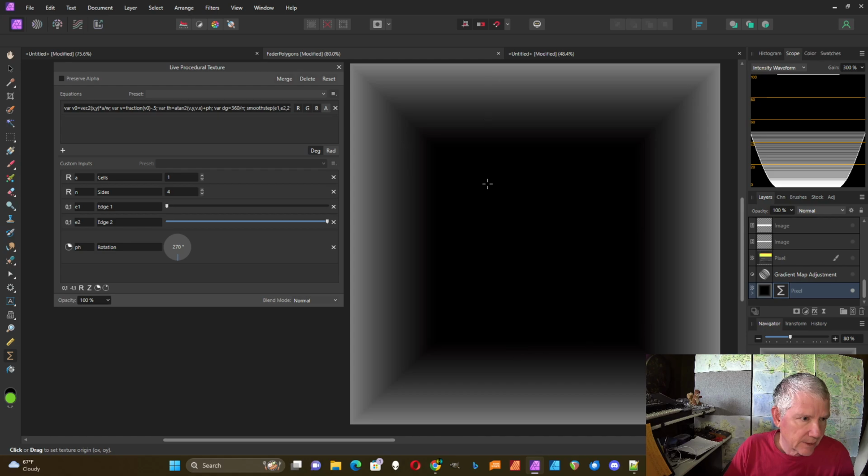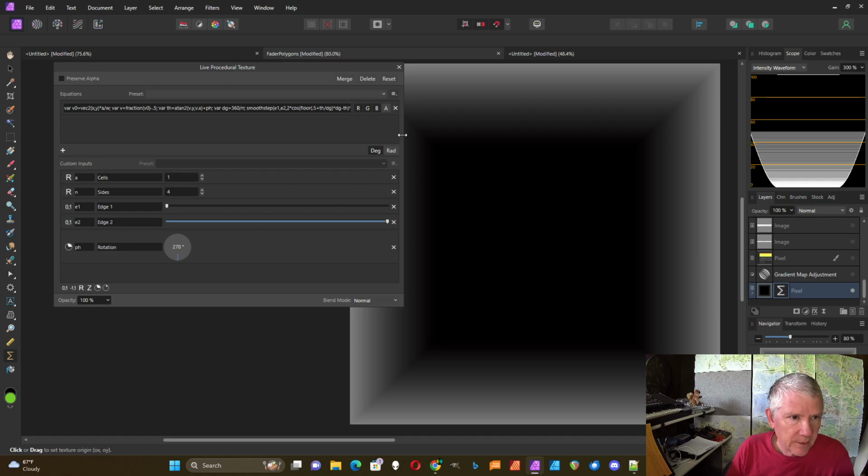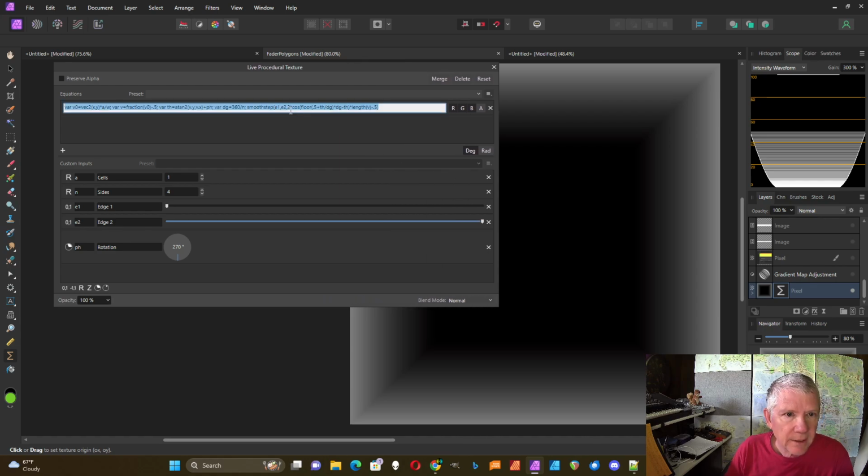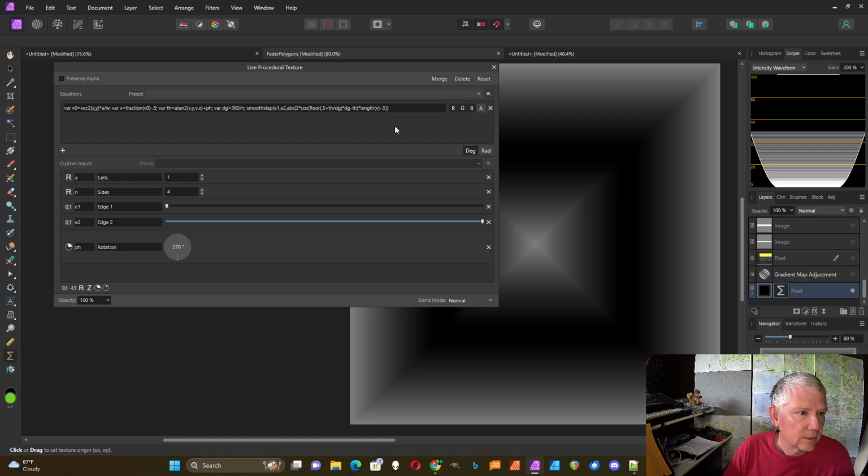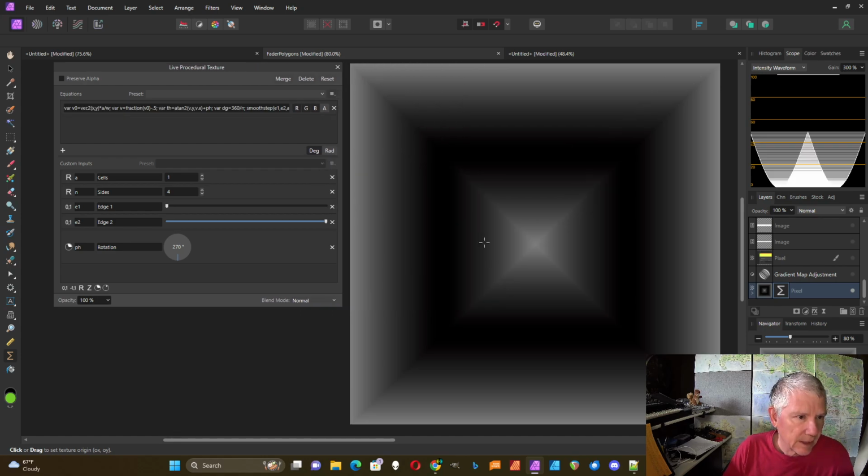Okay, so now it's all dark in here, and I want it to come back up again. So what I'm going to do is take the absolute value of this, absolute value of that whole thing. There. So now it's coming back up in the middle.